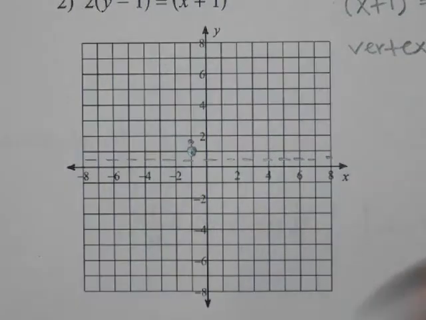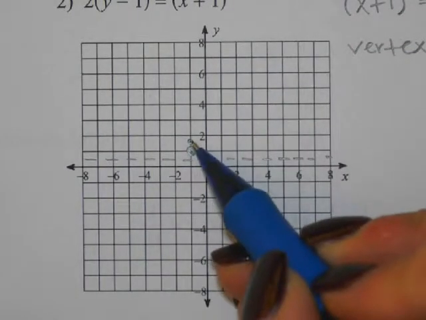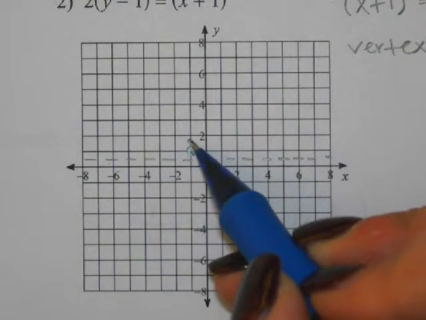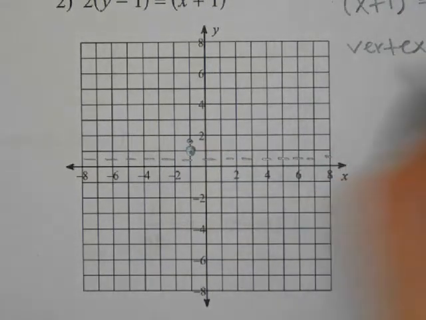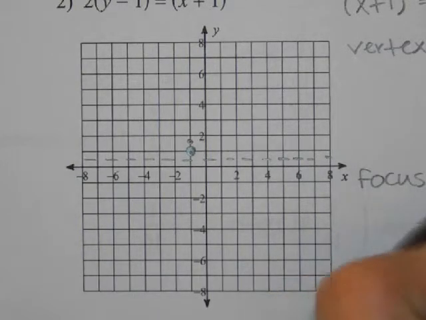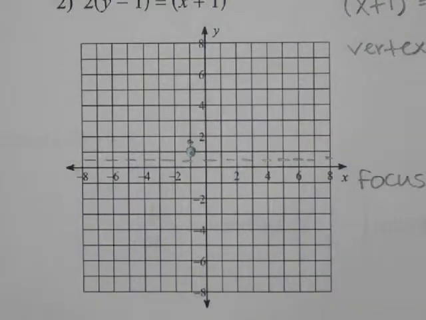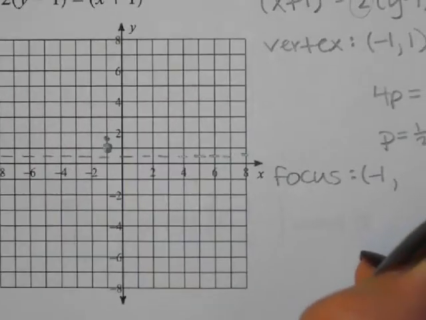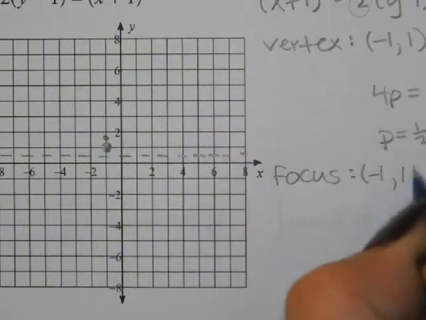Okay, so that part where we went up 1/2 and put a dot, what's the name of that point? The focus. So if the vertex is -1, 1, then the focus is -1, 1 and 1/2.